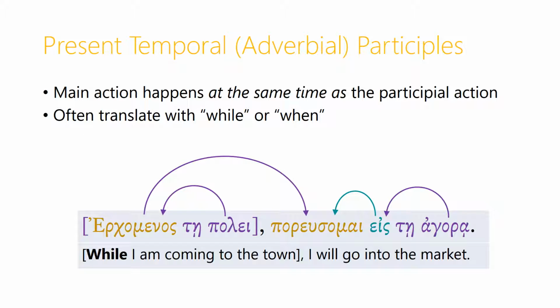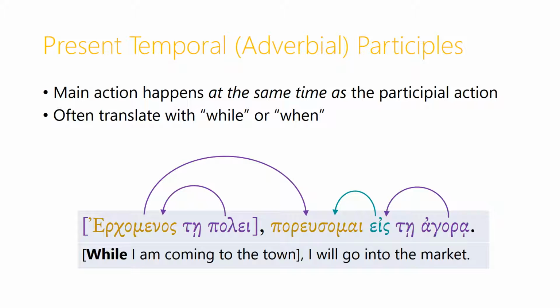The one unique sense for a present adverbial participle is when it's used temporally. If you remember, we saw that with aorist temporal participles, the action of the participle happens before the action of the main verb. With present participles, if the connection to the main verb is temporal, the main verb action is happening at the same time as the participial action.